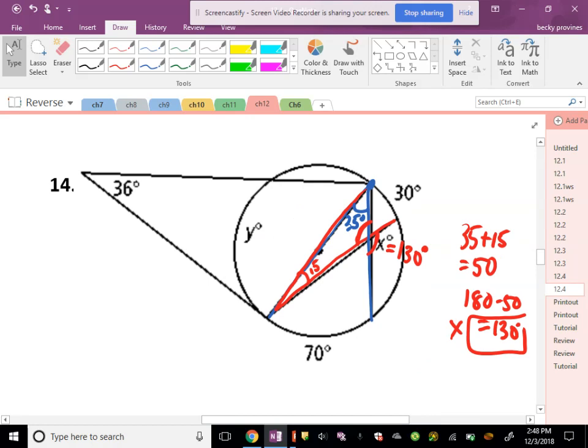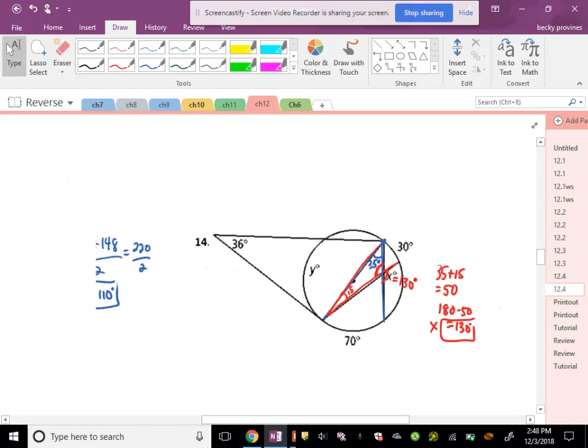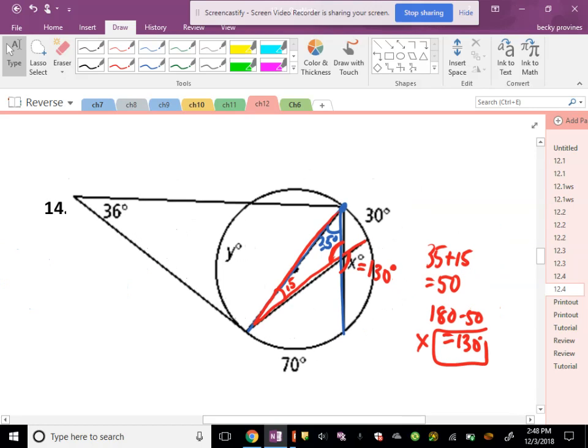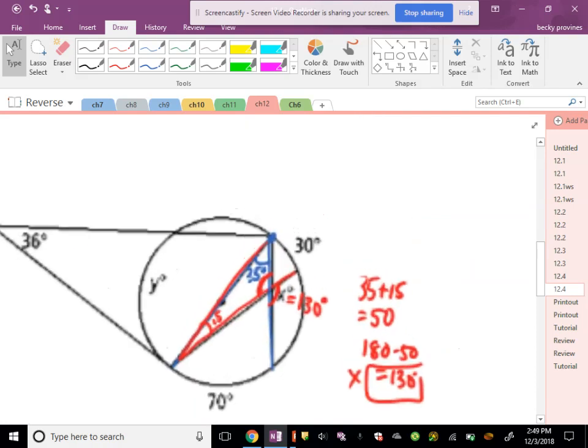Now, let's see what else we can do. Is this the last one? It is the last one.